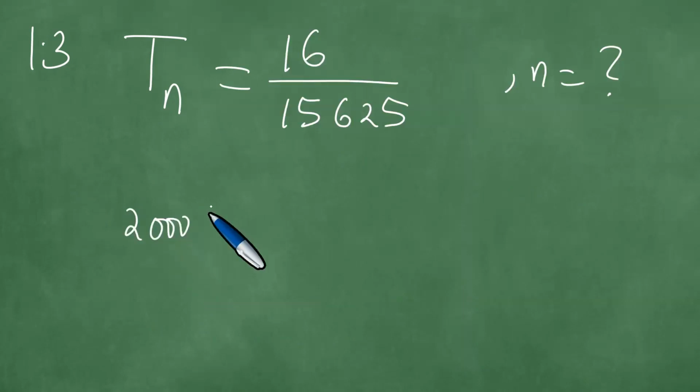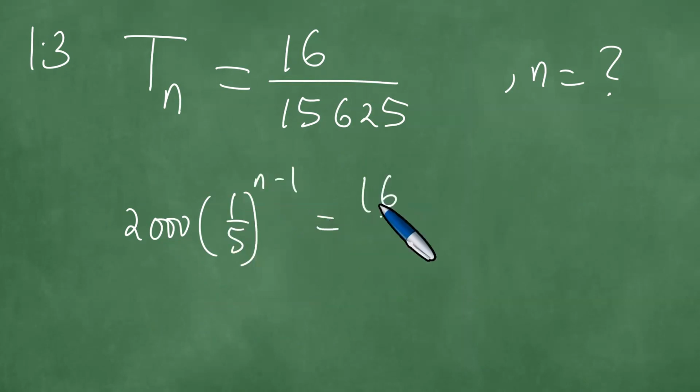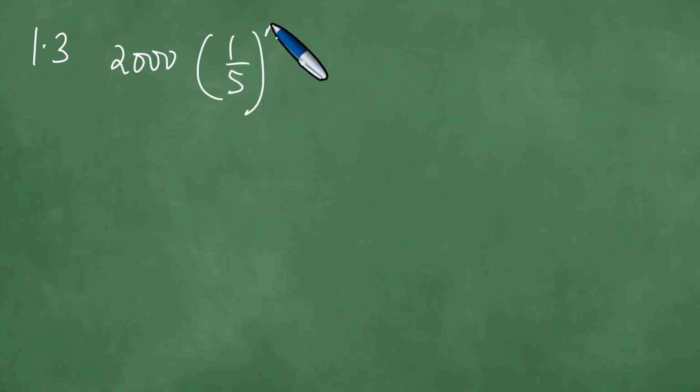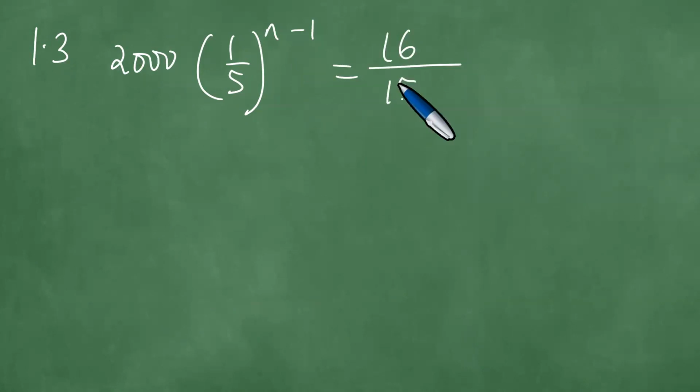It is 2000 into 1 over 5 to the power n minus 1 is equal to 16 divided by 15,625. Okay, so we just need to proceed to solve this. 2000 into 1 over 5 to the power n minus 1 equals 16 divided by 15,625.